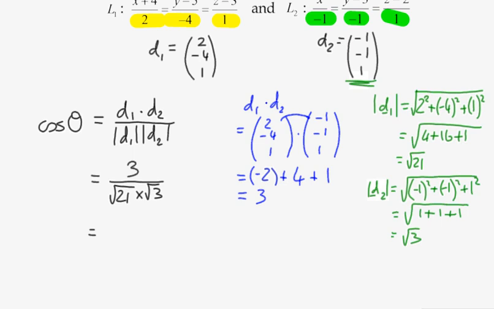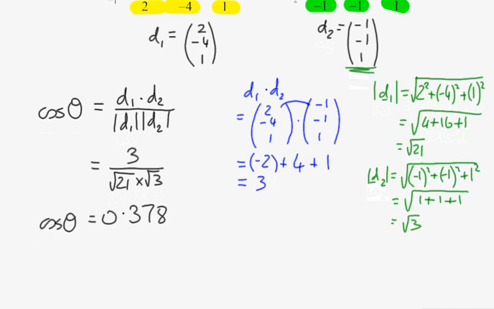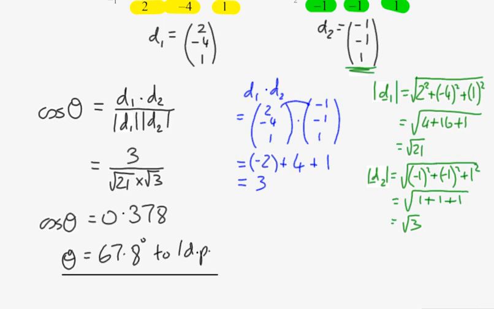If I do that calculation, I can work out that cos of our angle theta is 0.378, rounded to 3 decimal places, and using my calculator, the inverse cos of 0.378 is 67.8 degrees to 1 decimal place. So the angle of intersection of the two given lines, L1 and L2, is 67.8 degrees.